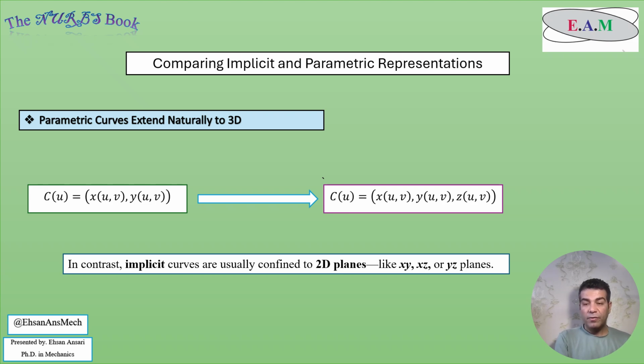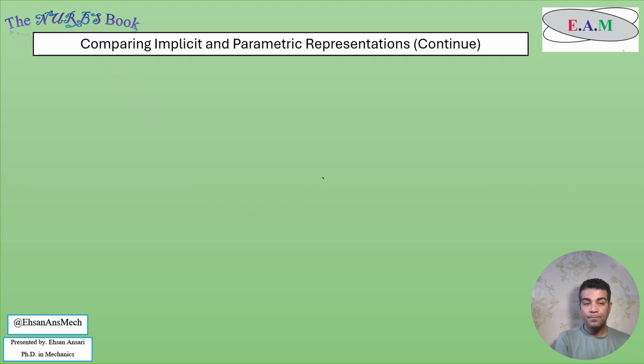This makes parametric form especially powerful for designing 3D curves and surfaces in computer graphics and CAD systems. In contrast, implicit curves are usually restricted to a 2D plane like the xy plane, xz plane, or yz plane. Extending them into 3D space often requires more complex formulation.